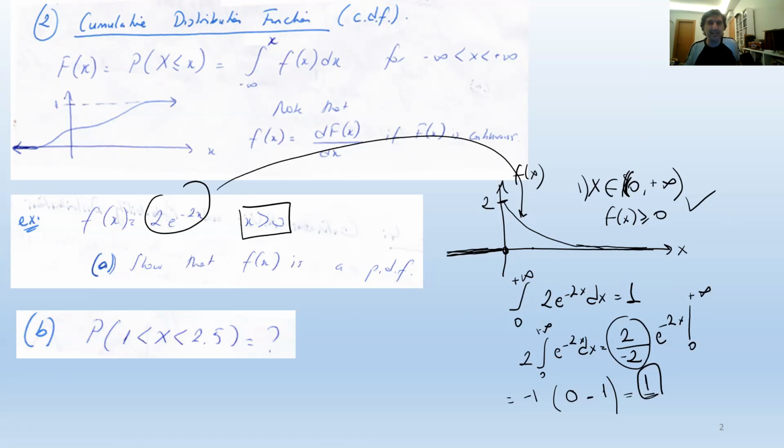So basically what it says is between 1 and 2.5, how much mass resides, or in terms of probability, how much probability is there, because the whole area corresponds to 1 here. Note that we have found the area just beneath this curve. So the probability 1 corresponds to the whole area, and the area at this point is going to correspond to the probability that x is between 1 and 2.5.